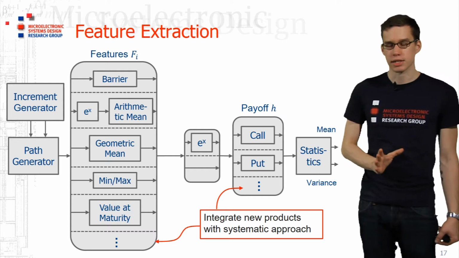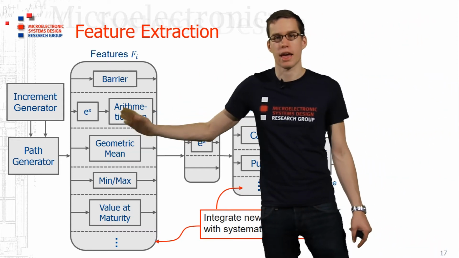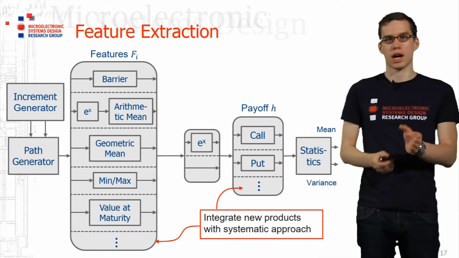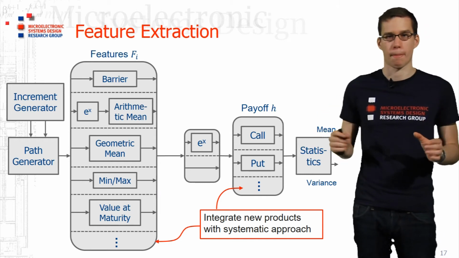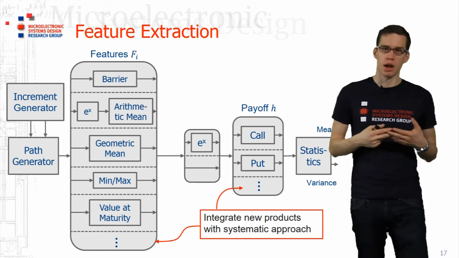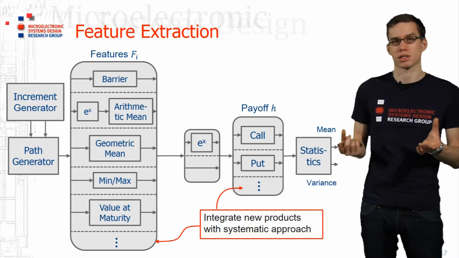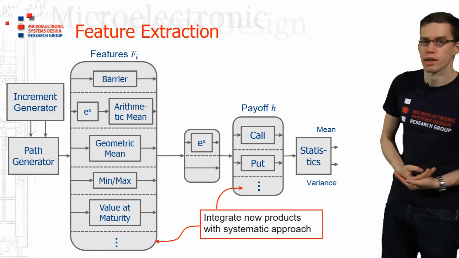And in fact, we will see later, we will model these blocks in HLS, in high-level synthesis. And if you have seen high-level synthesis, it has a C++ interface. So you can write equations like barriers and arithmetic mean in a very straightforward way.